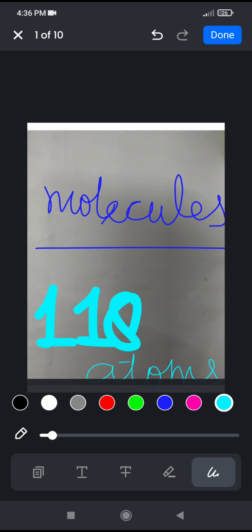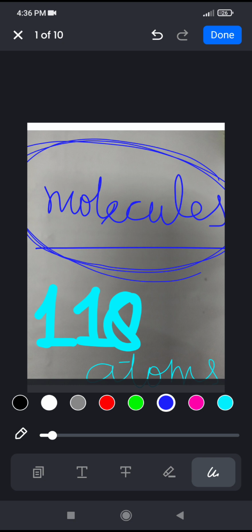So what are they telling us? There are so many molecules, and molecules are made up of atoms. There are different kinds of atoms. What is a molecule? Two or more atoms joined together is known as a molecule. It's a chemical combination.